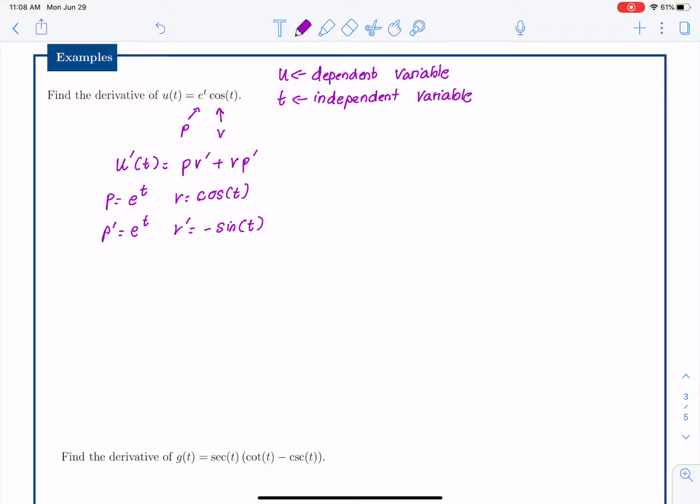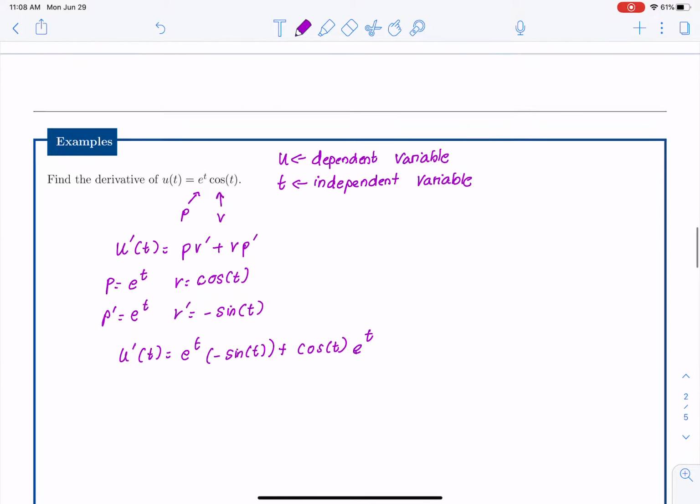So u prime of t would equal e raised to t times v prime, which is negative sine t, plus v, which is cosine t, times p prime, which is e raised to t.